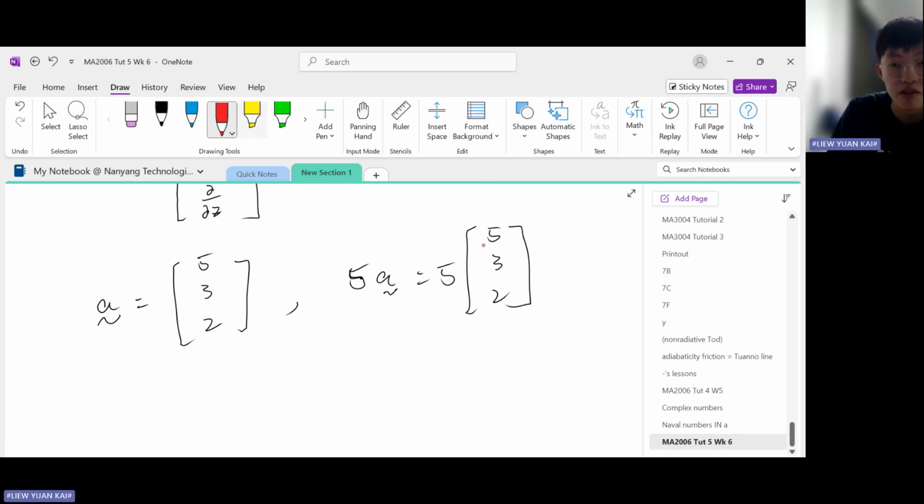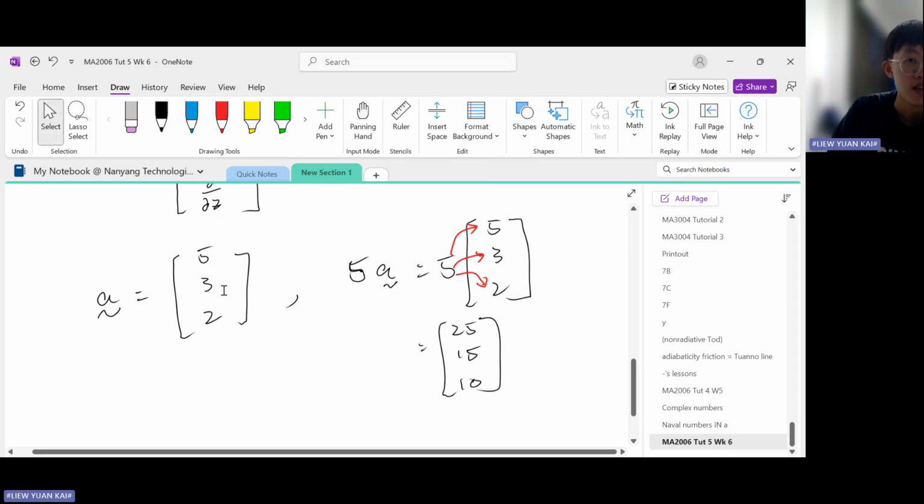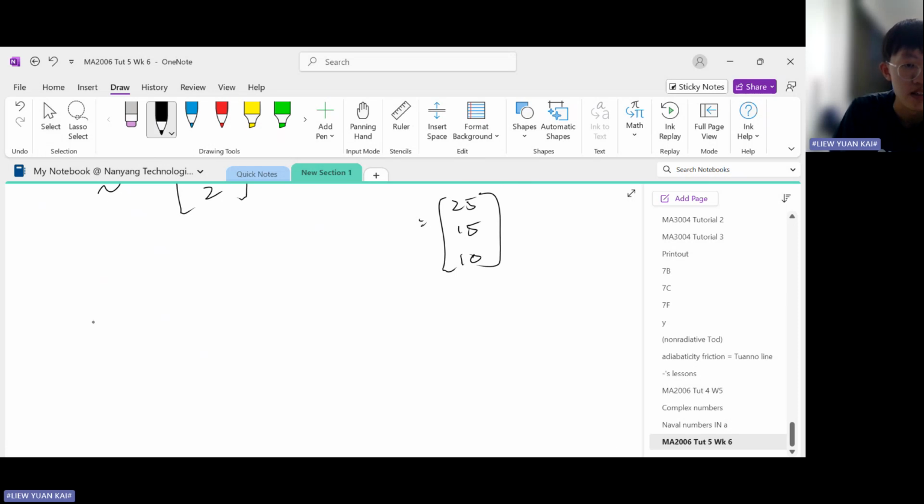And then what will I do? I'll just multiply the corresponding entries. 5 times this, 5 times this, 5 times this. And then I will get 25, 15, 10. Okay, so this is what you mean by scalar multiplying a vector. Same with Nabla. So suppose I have a vector function like this. Okay, let's make it xyz.